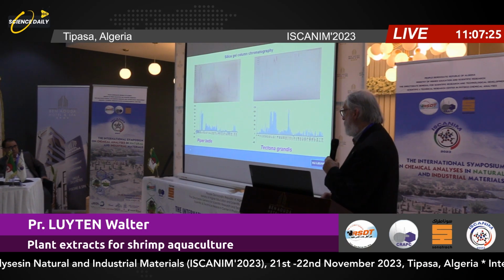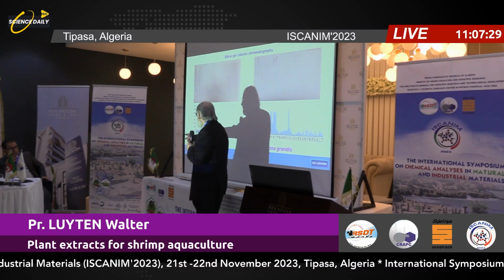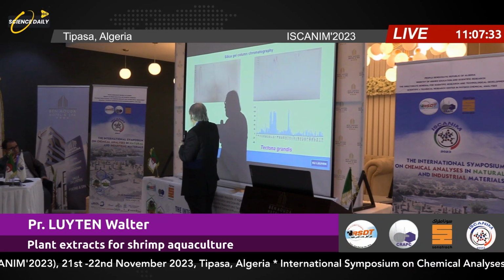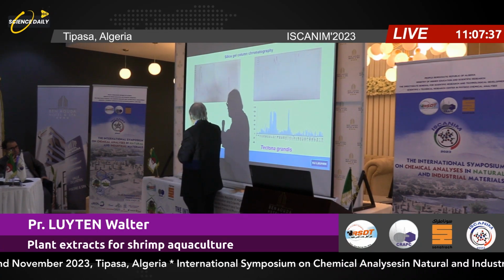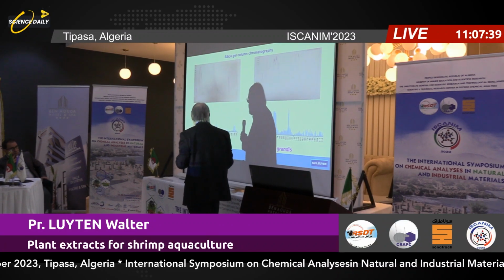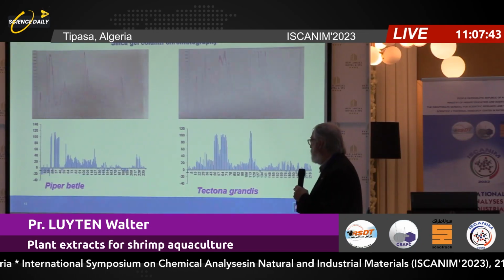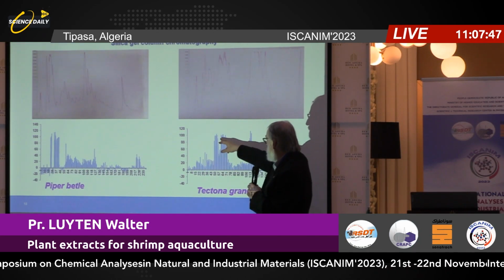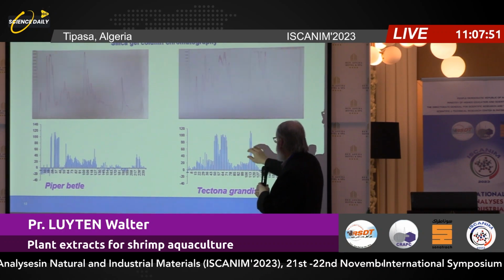So here you see some results. These are the fractions from the silica gel column. This is the activity, so there are some fractions that give 100% inhibition. There's a first group, a second group, and maybe some individual fractions here. This is the result for another plant, Tectona grandis, where you see there's a group of fractions with complete inhibition, another one and another one.